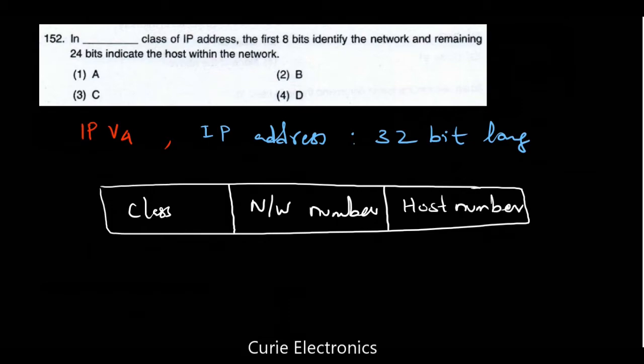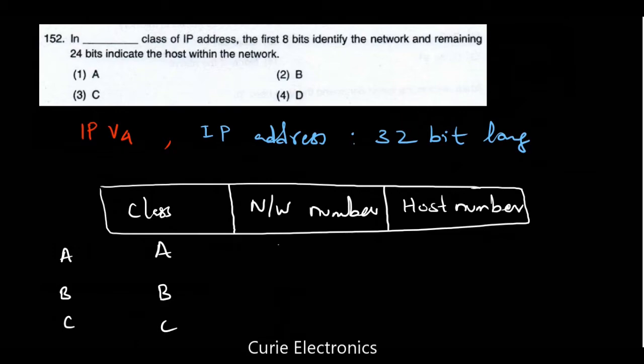So we have class A, class B, class C. These are the main ones. Class D is used for multicast.